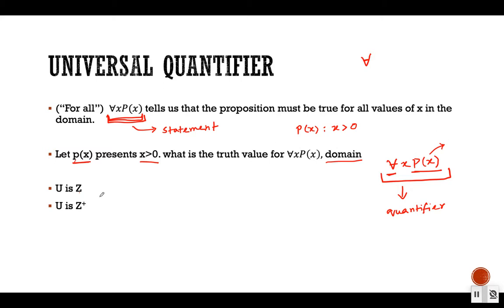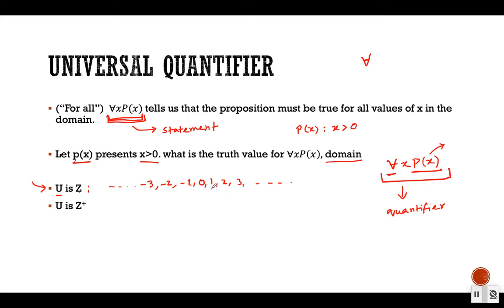Now let's find out, in our first case where the domain is all integers, whether this statement is true or false. We have to find out whether P(x) is true for all integers. Integers can be negative, zero or positive: -3, -2, -1, 0, 1, 2, 3, like that.